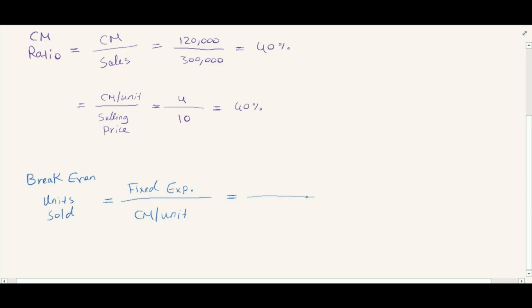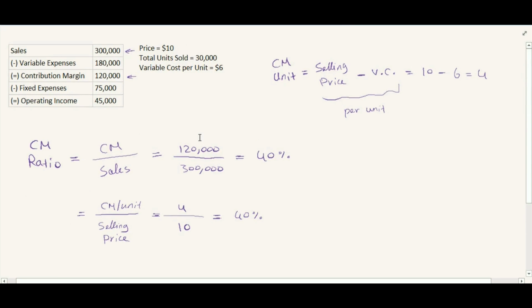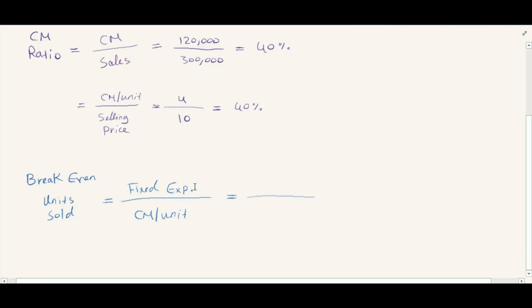So what is the total fixed expenses? It's 75,000. So 75,000 divided by the CM per unit of 4 will give us 18,750 units.